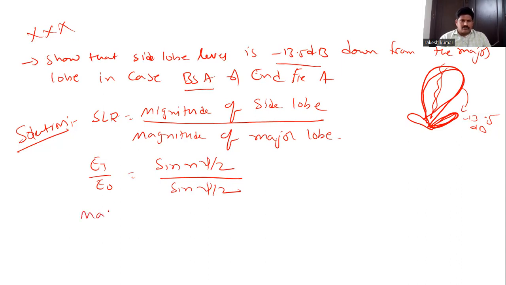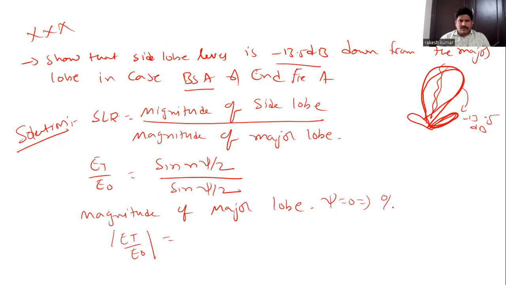So we know the magnitude of the major lobe. We have already found it from Et by E naught by simply substituting psi equal to 0. If I put psi equal to 0, we get 0 by 0, an indeterminate form.